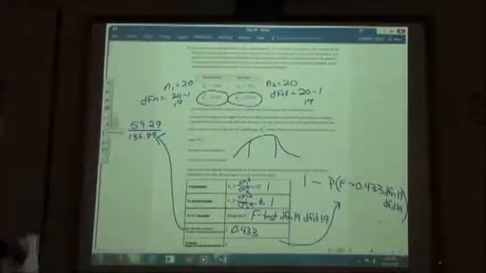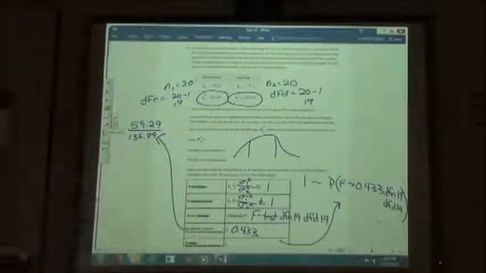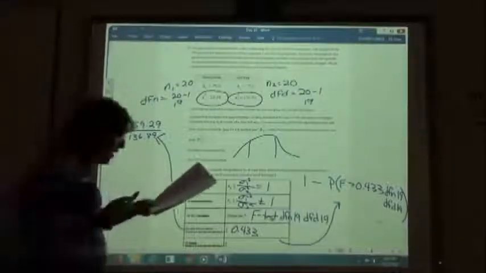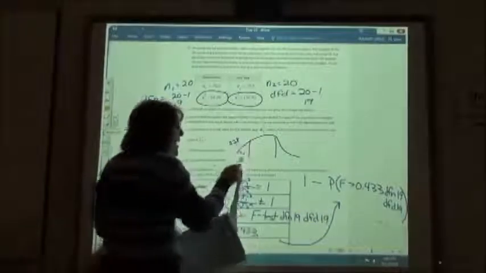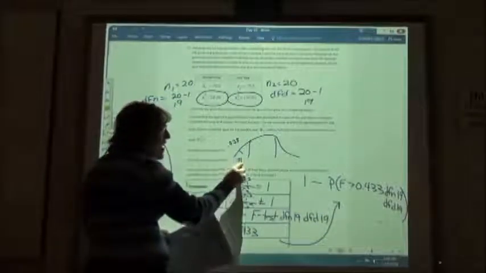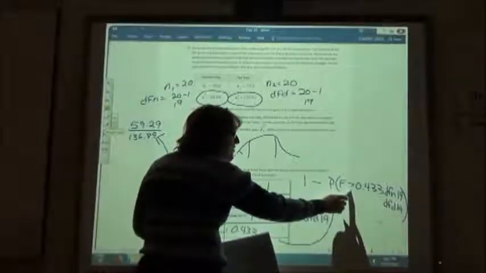So do 1 minus P of F is greater than 0.433 with my degree of freedom of 19 in my denominator and my numerator. All right, so what I'm really getting there, 0.038, is the percent in the left side since I did 1 minus this value.